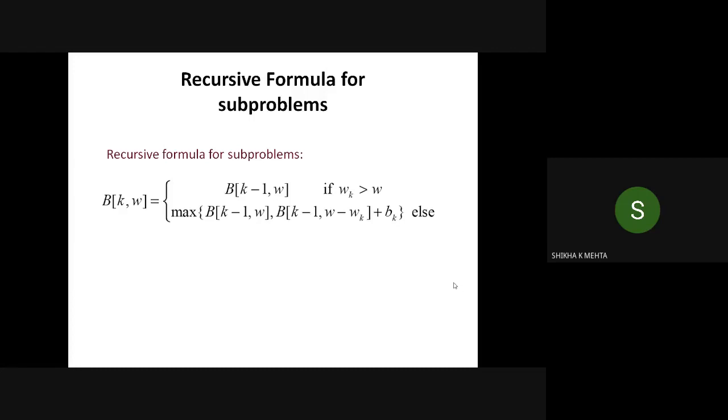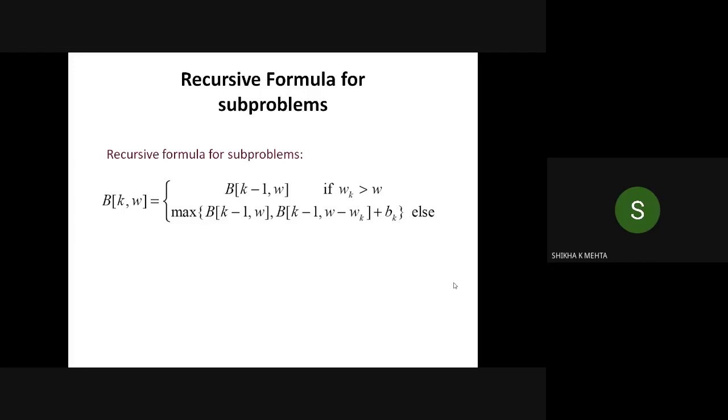So if Wk is greater than W, then we write B of K minus 1 comma W. Otherwise, in the else case, we take the max of B of K minus 1 comma W, and B of K minus 1 comma W minus Wk, plus Bk.